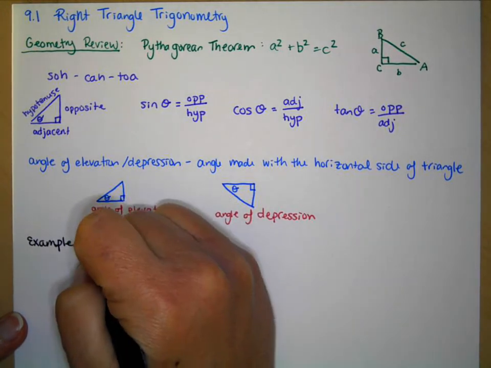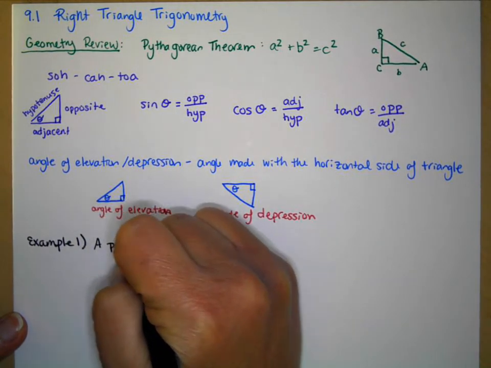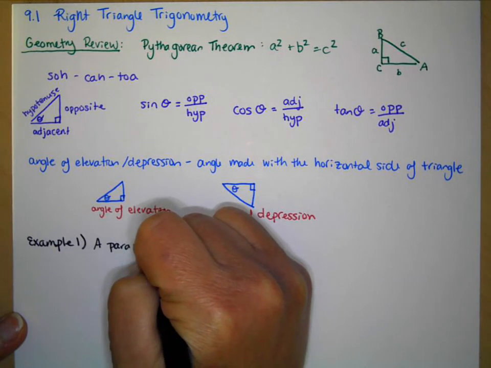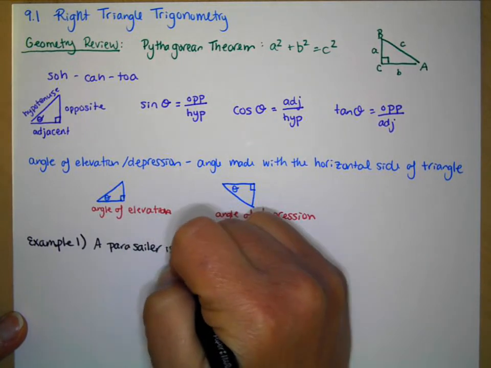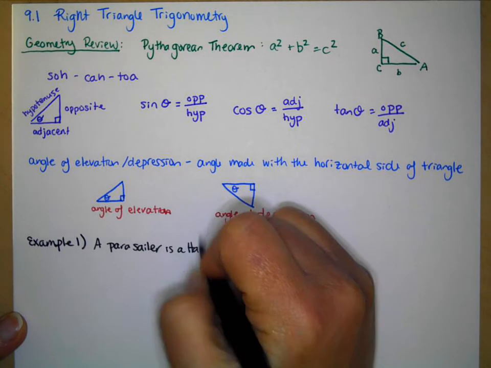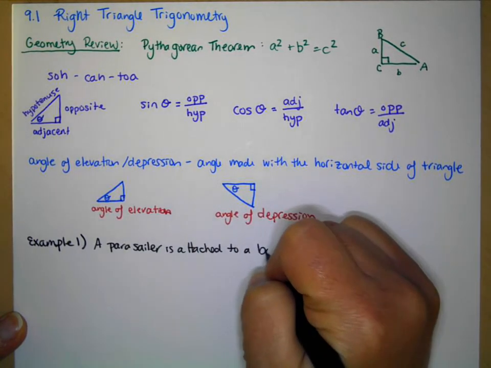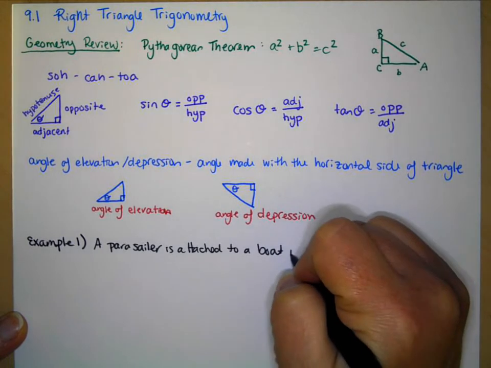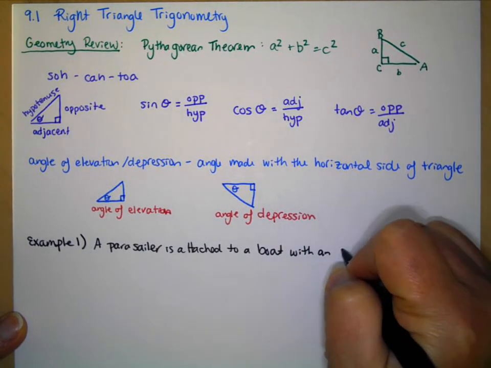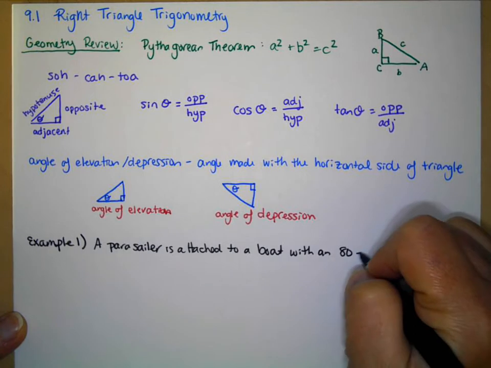In example 1, we have a parasailer that is attached to a boat with an 80-foot rope.